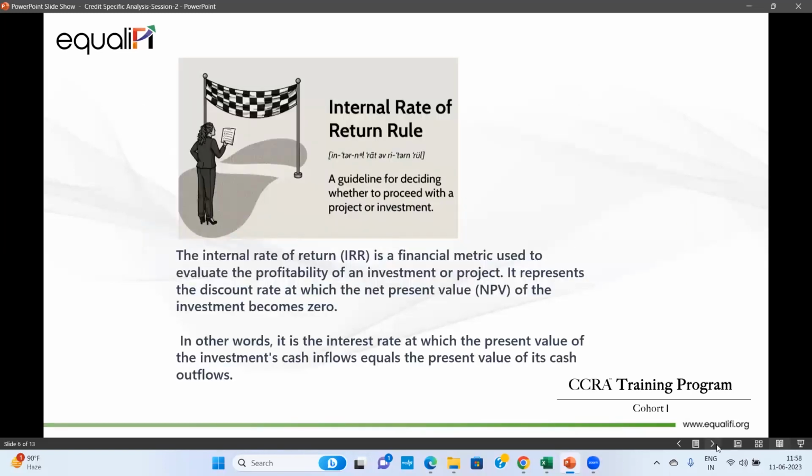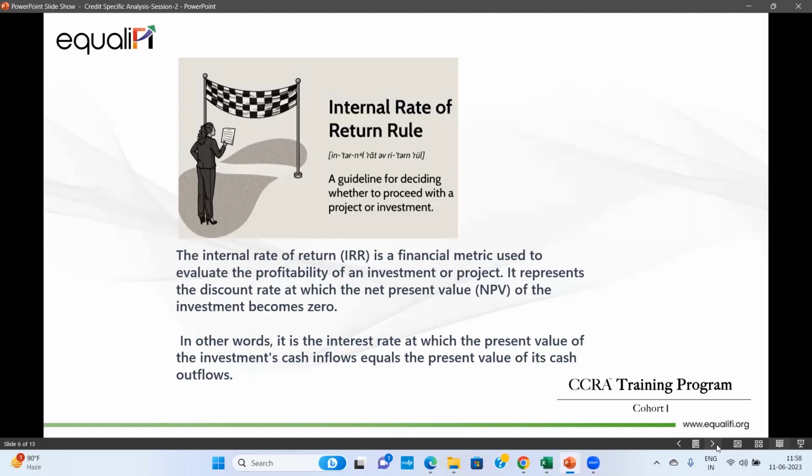Just an illustration. Next is IRR. Now, what is the difference between IRR and NPV? The internal rate of return is a financial metric used to evaluate the profitability of an investment or a project. If IRR is positive, the investment makes sense. If IRR is 0 or negative, then the investment doesn't make any sense.